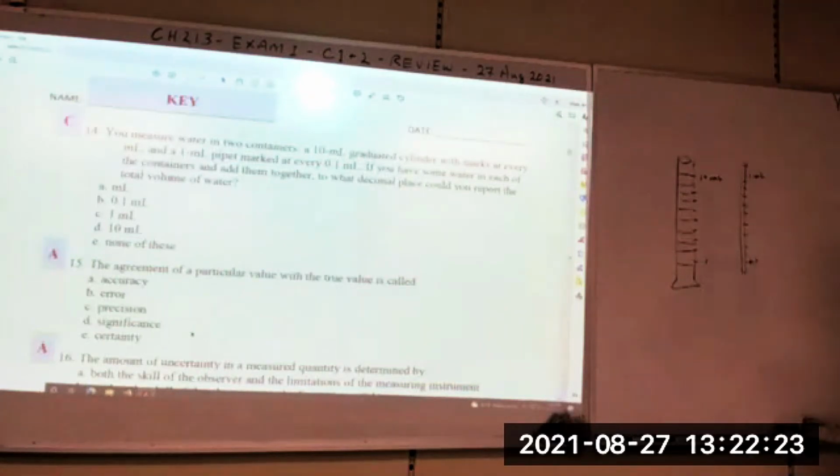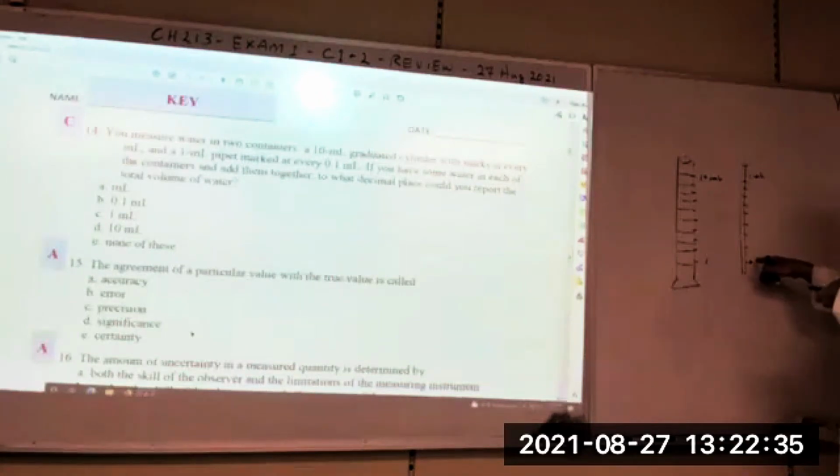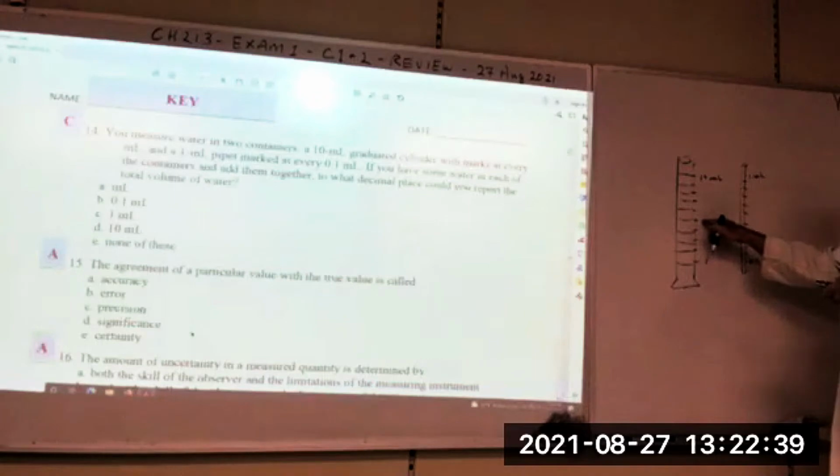There you go. If you have some water in each of the containers and add them together, what decimal place could you report the total volume of water? Well, if this is marked off as tenths, but that one's only marked off at 1 mil, then that's as accurate as you can get.